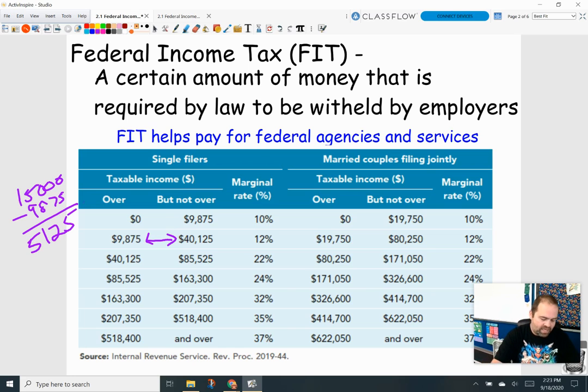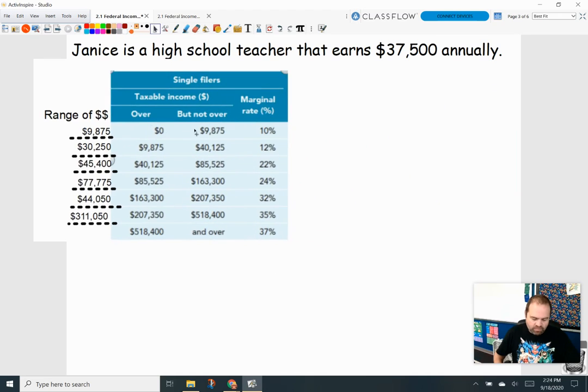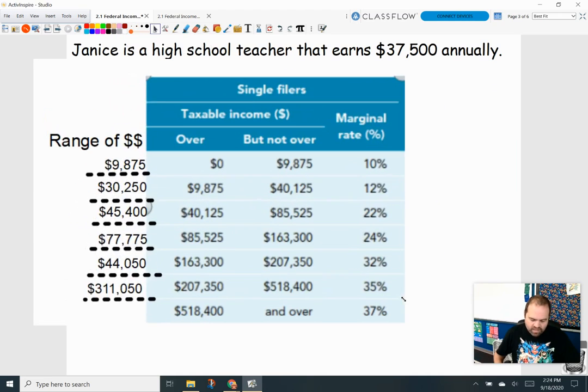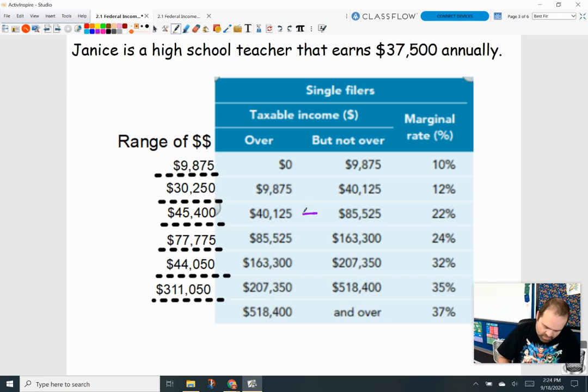Okay, so what I did, and this might be helpful, you might want to pause the video and take a picture of this, screenshot something. What I did is I sat down and I figured out how much money is in each of those brackets. Let's suppose I make $75,000 a year. Well, that means that I'm in this bracket. So $9,875 of my money is going to get taxed here. $30,250 of my money is going to get taxed here.